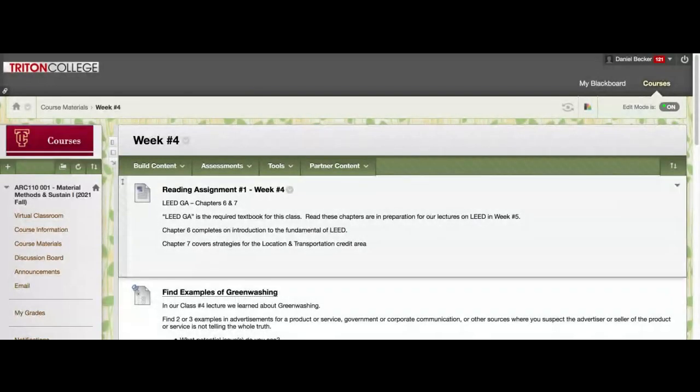Yes, that is correct, Tyler, but two things. There was a discussion board assignment on find examples of greenwashing, to give everyone a chance to put forth the required level of effort. I opened that back up again, so that's out there again.